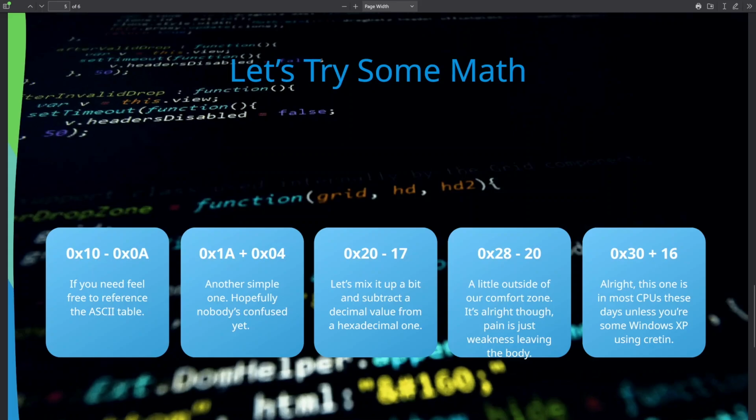0x28 minus 20. So we know that 0x20 is 32, and the next 16, or 0x30, would be 48. 48 minus 20, 28.